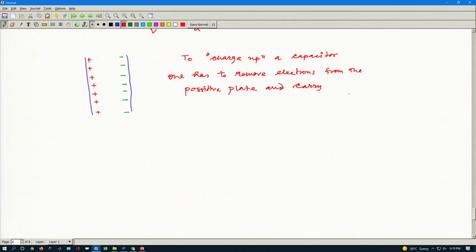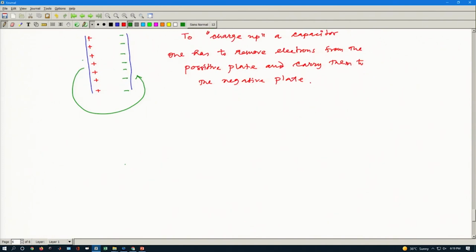So, in order to form this structure, I need to pluck one electron from this side and then put it here, in the other plate. This is the way I am making my capacitor with some charge distribution.